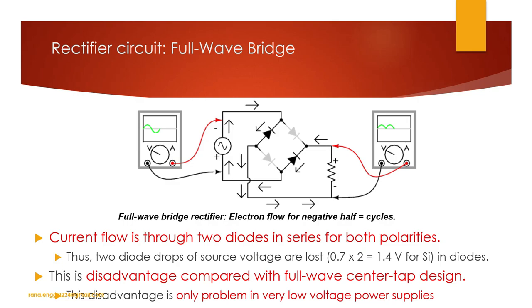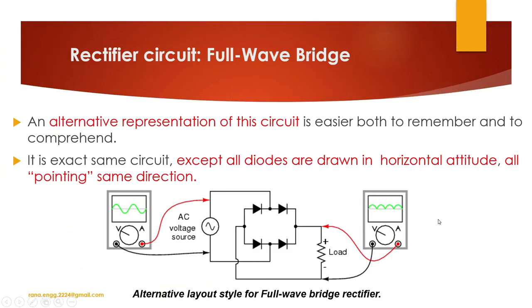So the barrier potential of silicon is 0.7. So if 2 diodes are on at one time, that means total 1.4 volt is required just to overcome the barrier potential. So that much voltage will be lost here itself, it will not go to the output. So that is one drawback here.